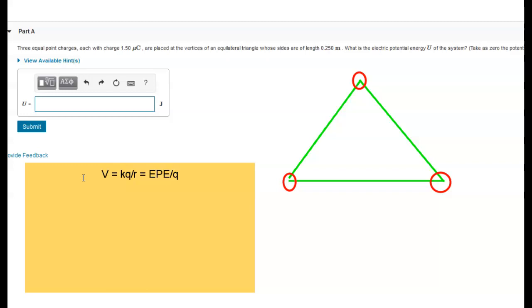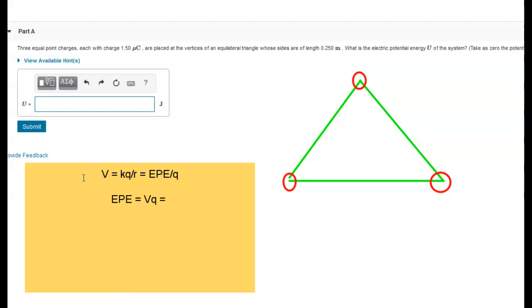If we have a charge in that location, we can calculate its energy by saying that the electric potential energy is equal to voltage multiplied by that charge. And that is what we should probably do here.